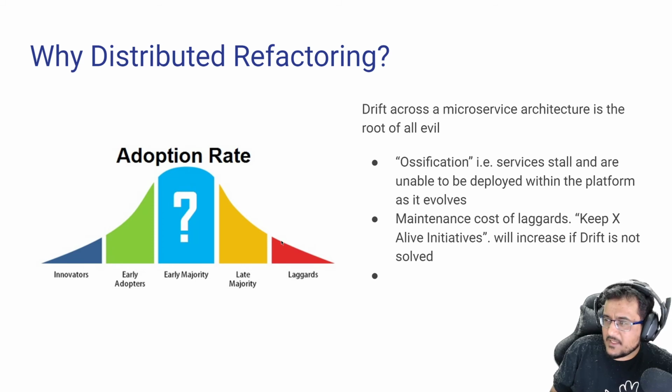I worked in some places where they had initiatives to keep those kinds of services alive because they were so important to the business, or they couldn't change them without a huge cost. But at the same time, they could have saved a lot of developers' hours if they had kept them up to date.